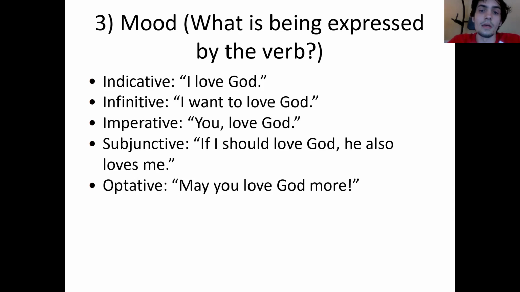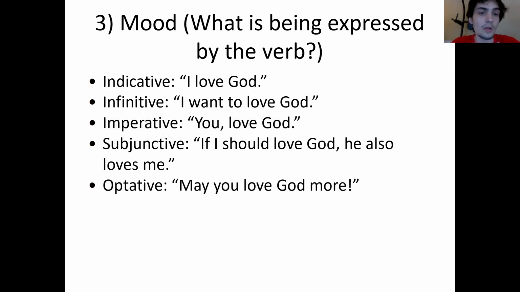Subjunctive implies this idea of it could happen. If I should love God, he also loves me. It's this idea of plausibility. An optative is more of a wish. May you love God more.